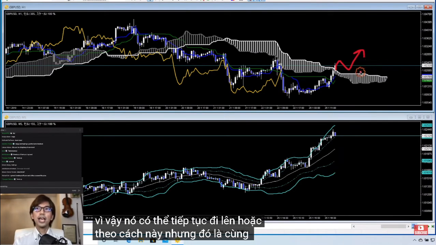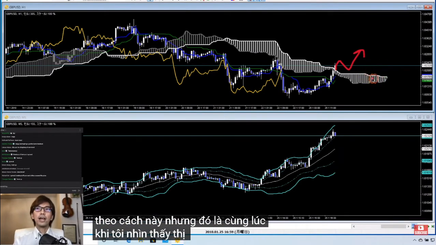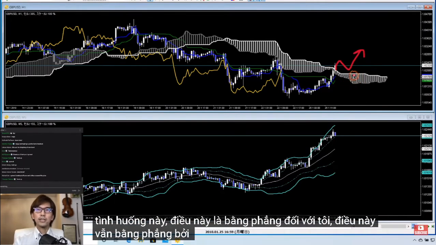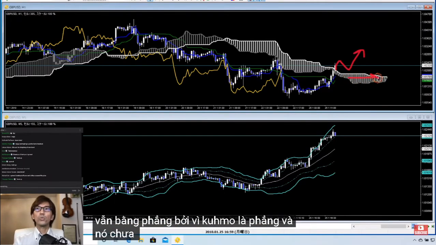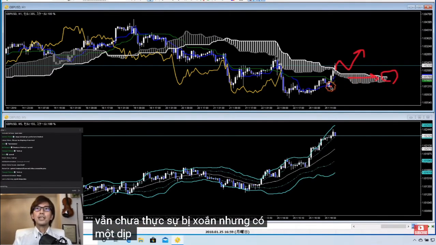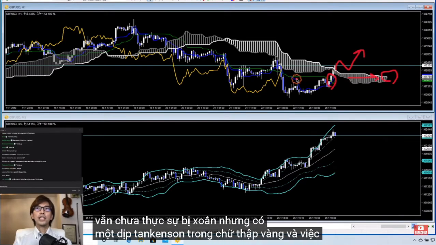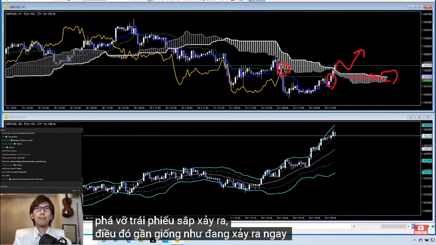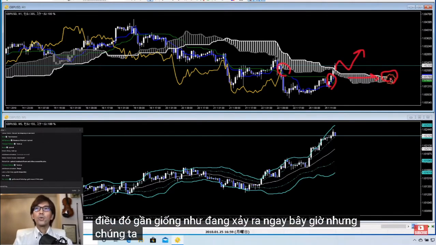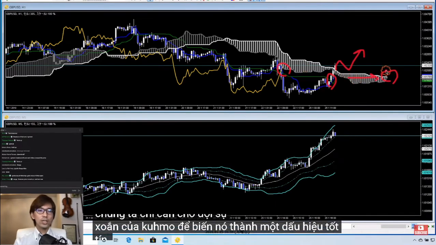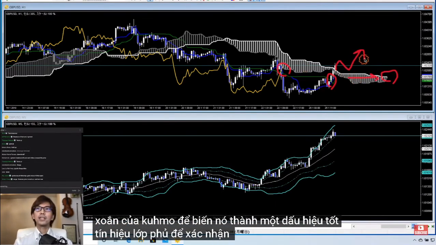But at the same time, as I see the market in this kind of situation, this is flat. To me, this is still flat because Kumo is flat and it's not twisted yet. Technically, the Kumo is not really twisted yet. There is a Tenkan-sen, Kijun-sen gold cross and Chikou span breakout is about to happen, or it's almost happening right now. But we just have to wait for the Kumo twist to make it a Sanyaku Koten signal to confirm the buying edges.